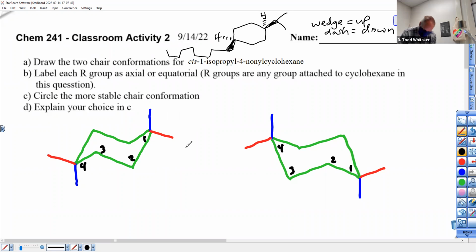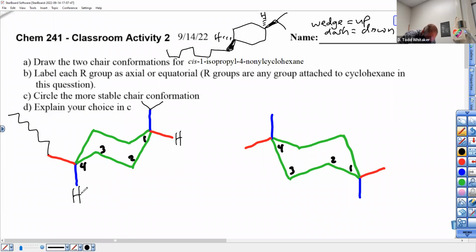Blue. So isopropyl right there, H here. Carbon 4, the nonyl is up, correct? It's on a wedge. Red is up here. 1, 2, 3, 4, 5, 6, 7, 8, 9. H down.